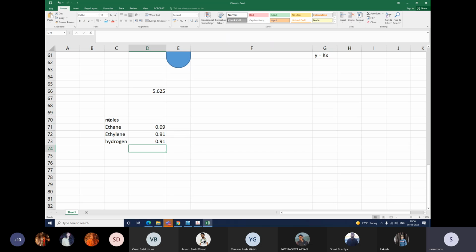So we wanted to calculate total moles, which is the sum of all these three. So mole fraction is this divided by this. Then I can repeat the same calculation.